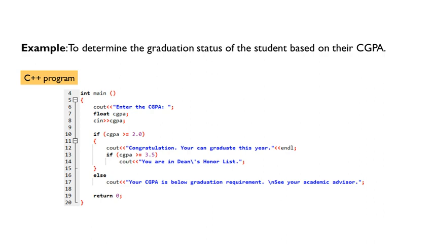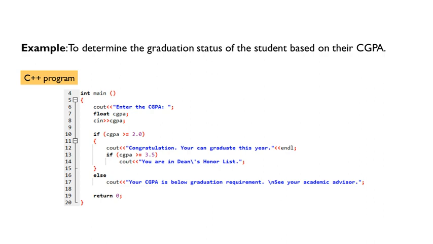So you can see here, the first condition is if CGPA is greater than or equal to 2.0, the program will display to the user, "Congratulations, you can graduate this year." Other than that, you can see here there is another if in the if statement, which is if the CGPA is greater than or equal to 3.0, you are in the Dean's list.